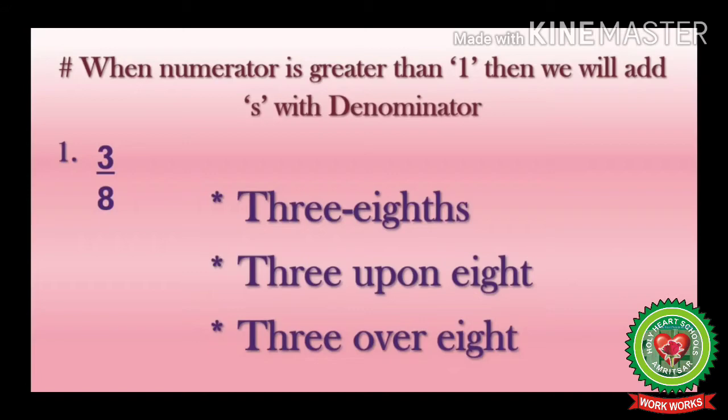So our first example is 3 upon 8. What will we write? 3 eighths. Now I have added s with the eighth. Next are 3 upon 8 and 3 over 8. Why? Because 3 is greater than 1.